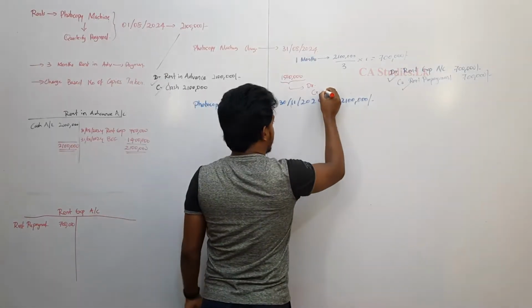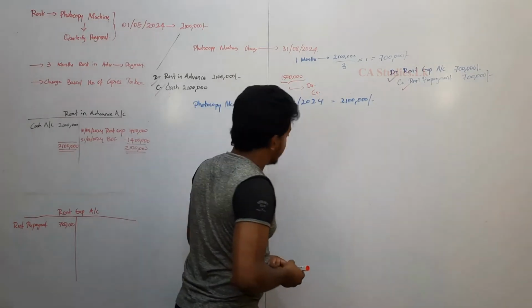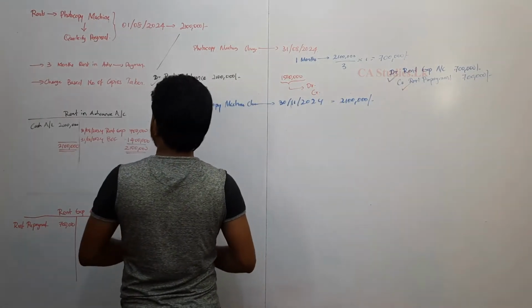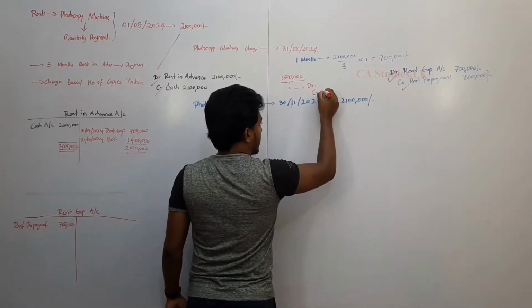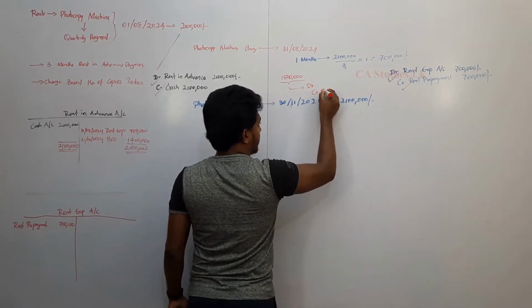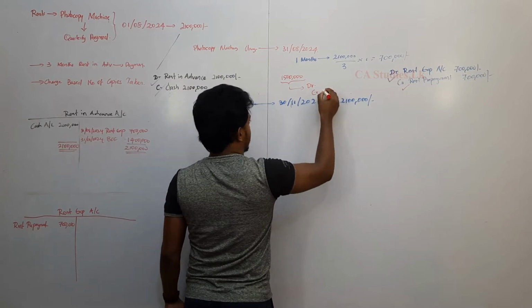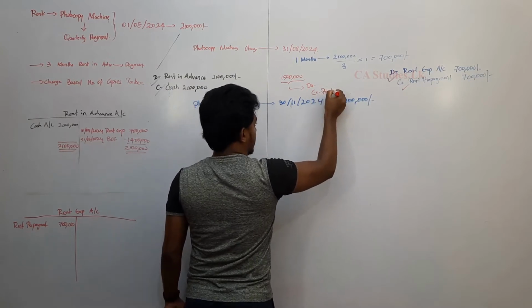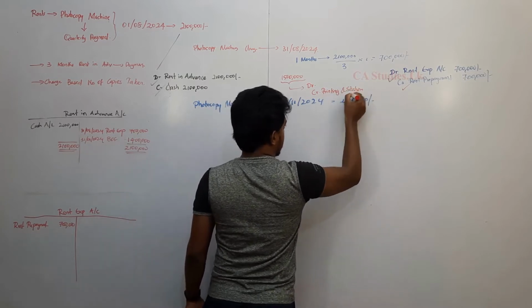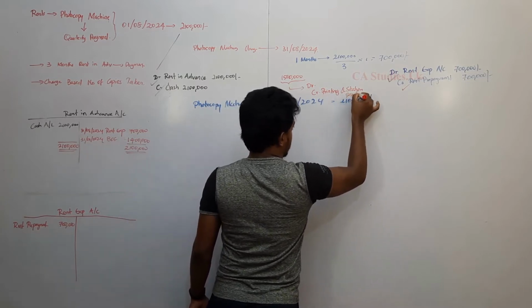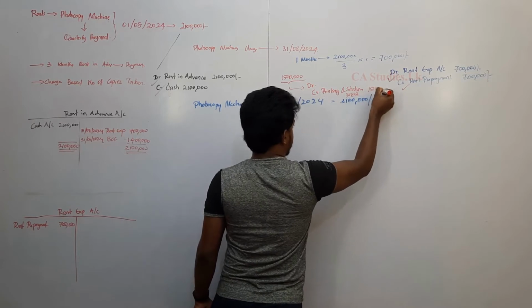We can take it as the cost of printing and stationery payable. Printing and stationery payable increased by 1,500,000.